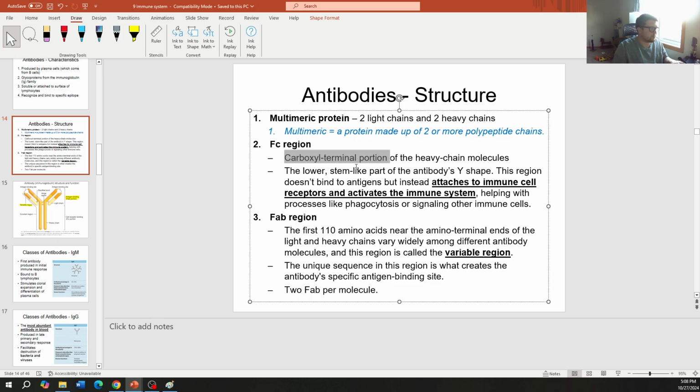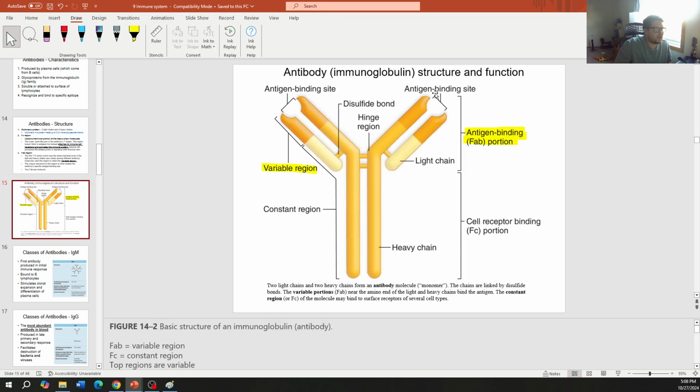Important things to remember are the bits and pieces here that are highlighted. I don't want to go too deep into this. The main thing to remember is that the Fab portion, the antigen binding portion, is where the antigen binding site is, as well as the light chain.